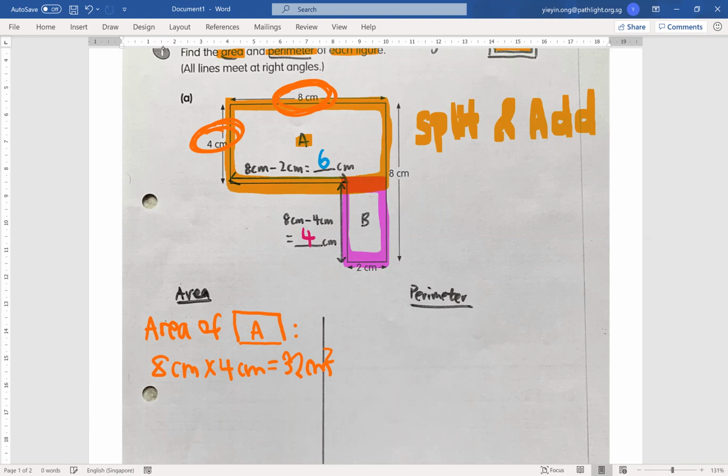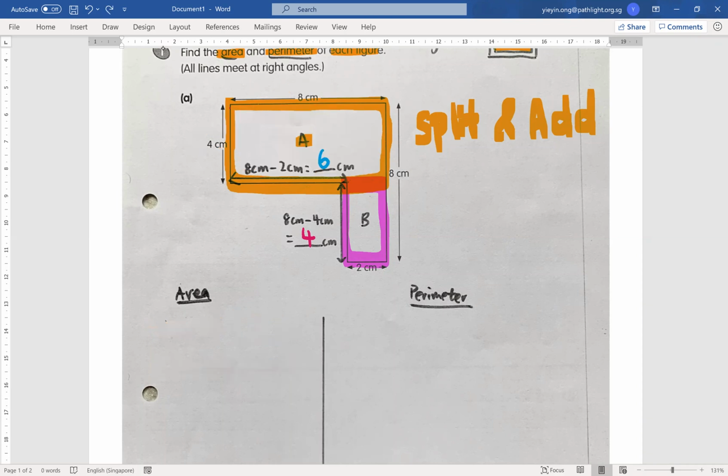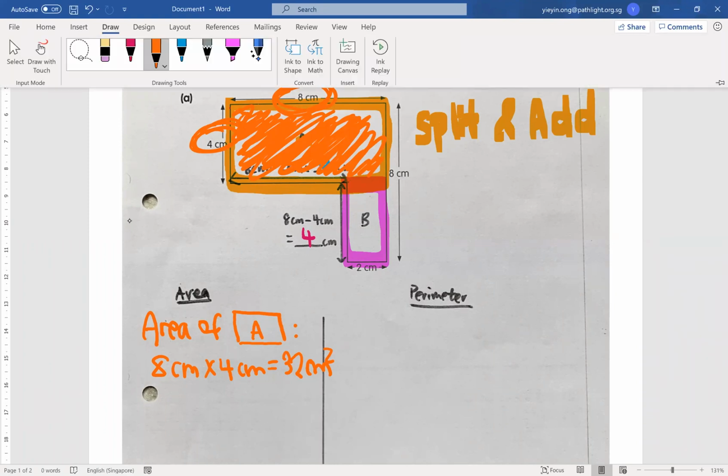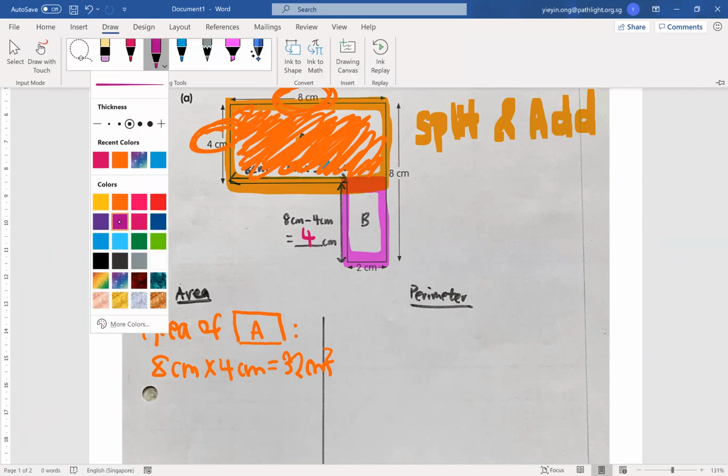So this is the area of my rectangle A, the amount of space in the rectangle. Area of rectangle A would be 32 square centimeter. Next, let me find the area of rectangle B over here.